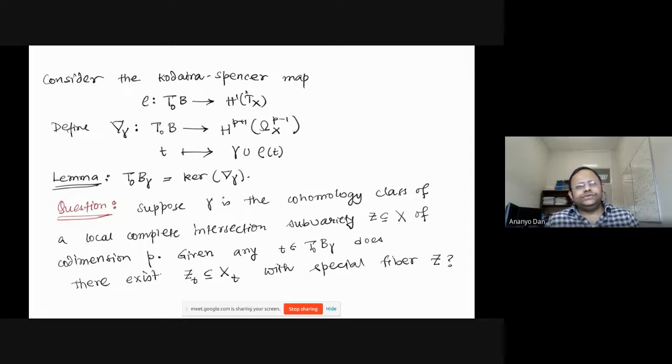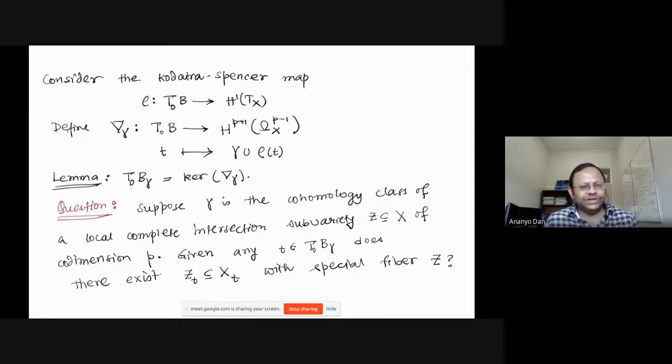I do not want to go into the details. It comes from a very natural short exact sequence associated to this family that I wrote, the family of smooth projective varieties. On the left hand side, T_0 B really parameterizes all the first order infinitesimal deformations in the family.